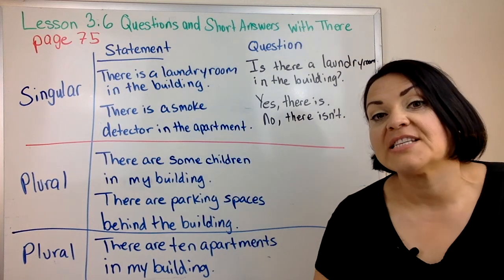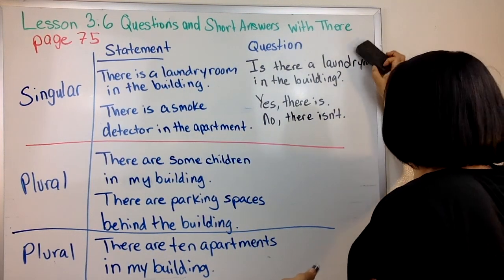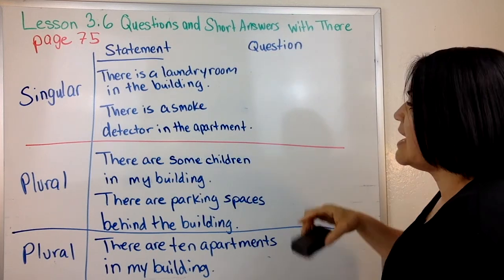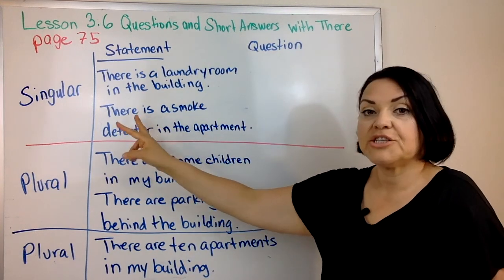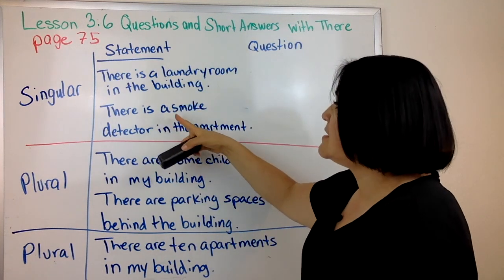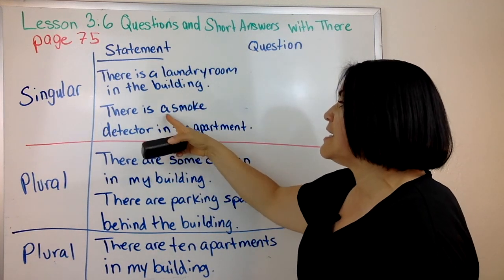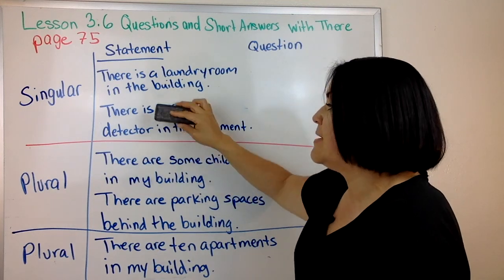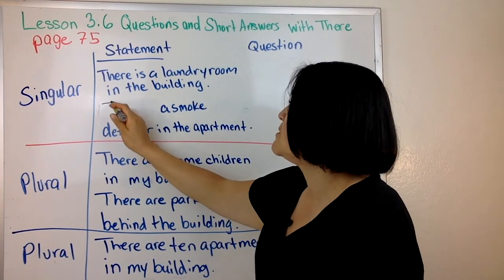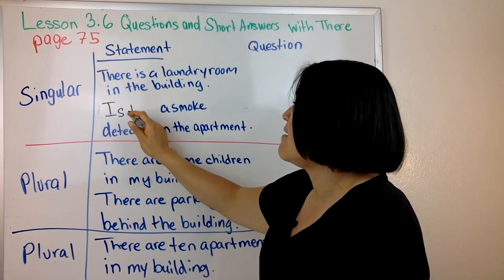Okay, let's make the next one a question. And it's pretty easy because all we have to do is switch these two to make it a question. There is a smoke detector in the apartment. So to make that a question, you would just put, is there?